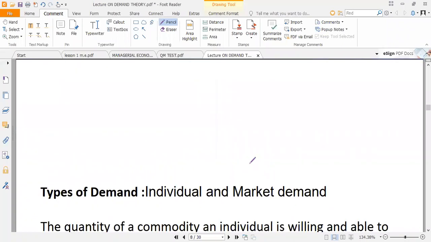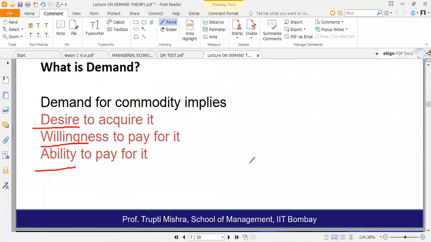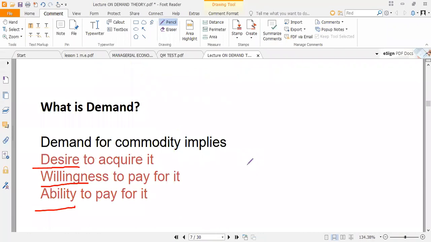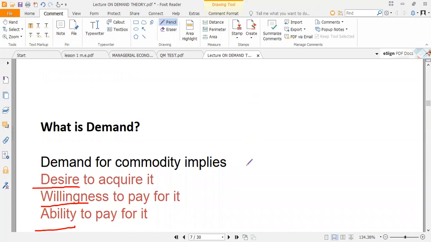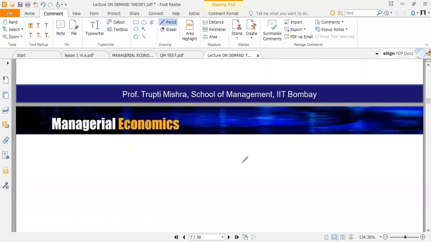Now, demand is affected by a number of factors. For you, you need to understand the factors that affect demand. What factors affect demand?